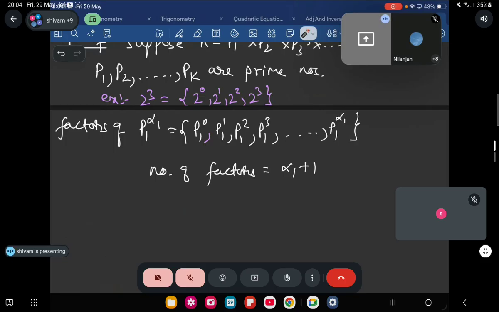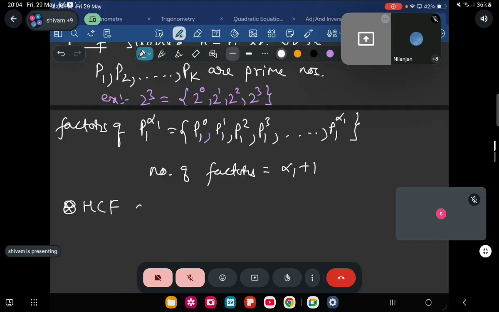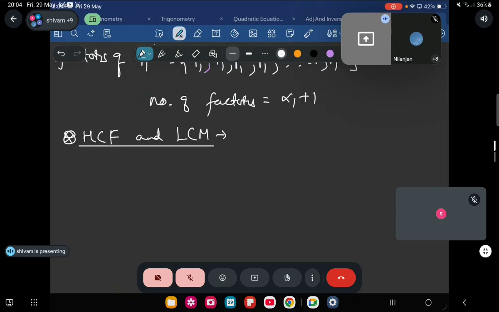Next, HCF and LCM. Highest common factor and least common multiple. Number 1.